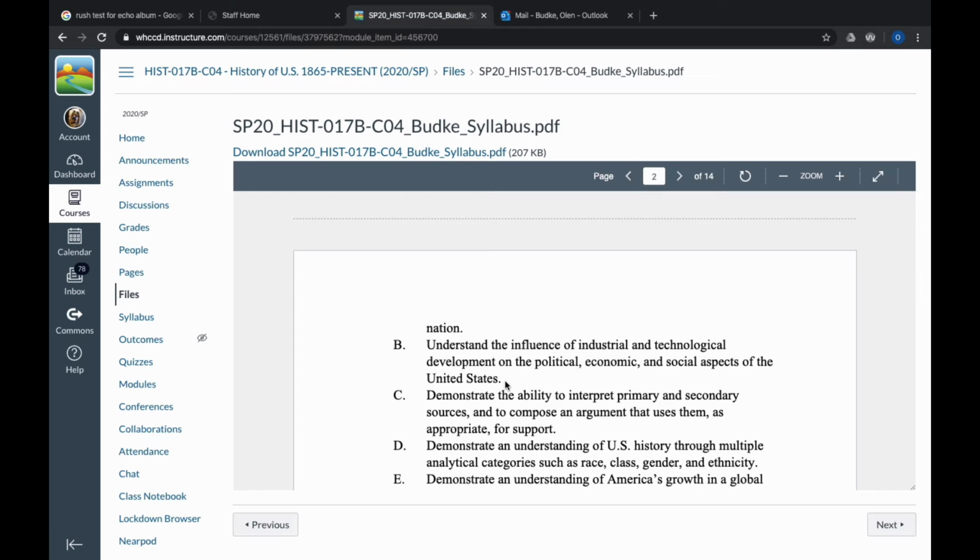So between 1865 and 1900, our whole economic landscape is shifting, and that has a lot of implications on the political and social landscape as well, as people moved off the farms and into the city and into industrial jobs, and people started to immigrate here from other countries looking for work and just opportunities in general.